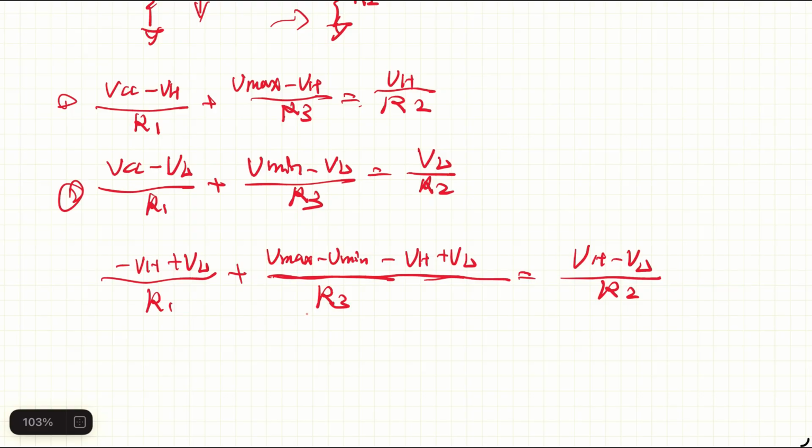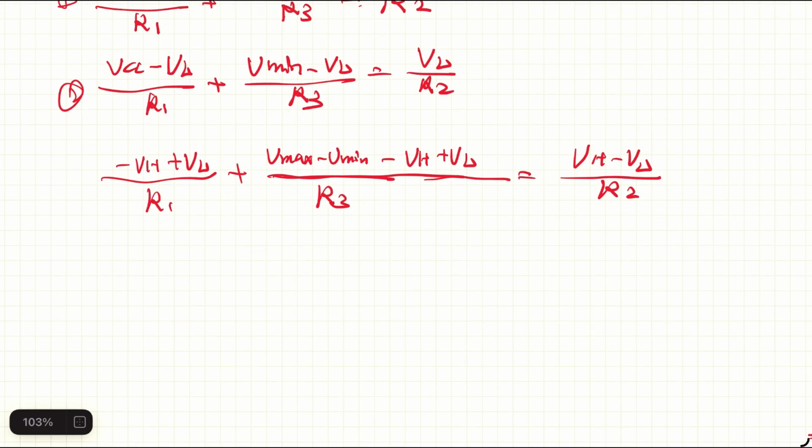So the goal is we want to get R3. So let's move this to the other side. What's left over is V max minus V min minus V high minus V low.